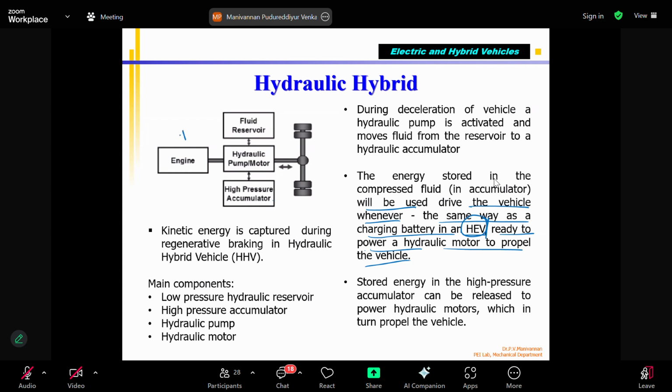Apart from the torque from the engine, this hydraulic motor also provides additional torque. You can just add it. That is the net torque, I say T net at the wheel. The stored energy in the high pressure accumulator can be released to power the hydraulic motor, which in turn can propel the vehicle. That's what I already told you.